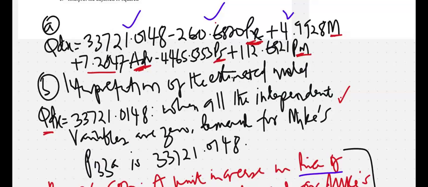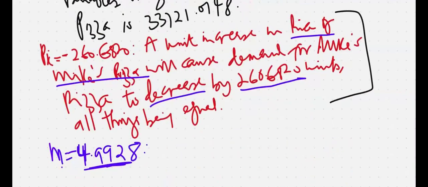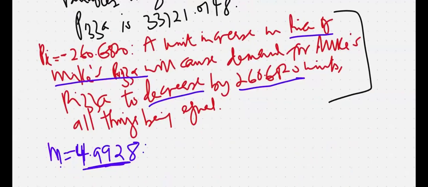So it is a positive figure. That's why it is going to increase. But with the price of X, we saw that the coefficient is negative. That's why for the price of Mike's Pizza, we said it will cause demand for Mike's Pizza to decrease.